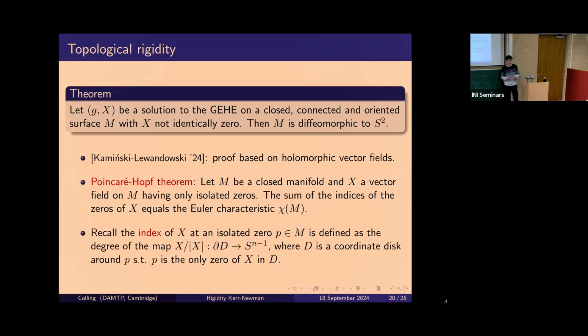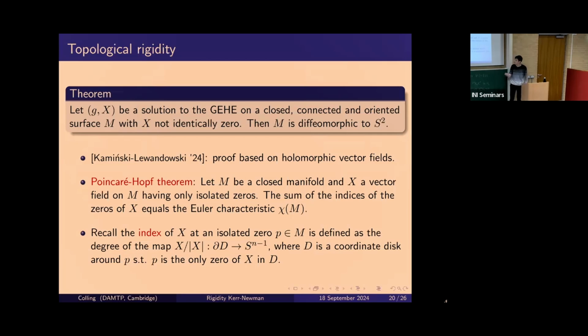We take a small coordinate disk around an isolated zero and use this coordinate chart to trivialize the tangent bundle. So then we can view this x as a map from this coordinate disk to R^n. And we restrict this map to the boundary of the disk and divide by its norm to get a map between 2 spheres of the same dimension. And this has a topological notion of degree.